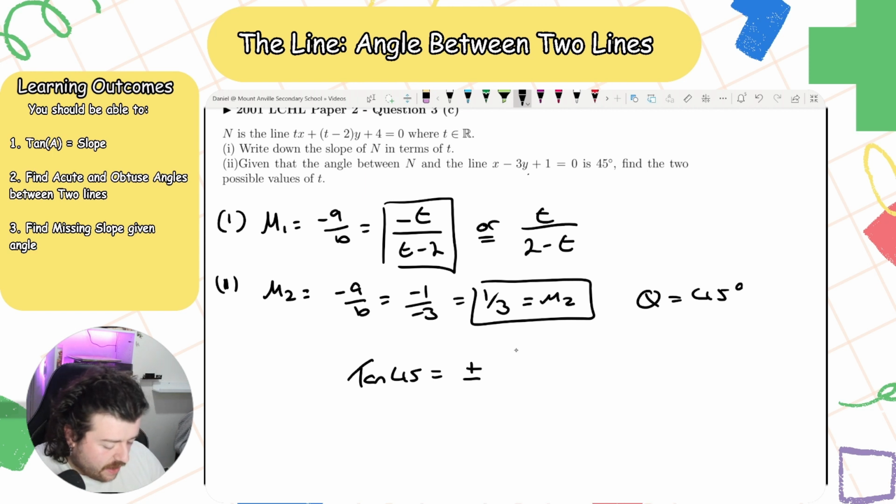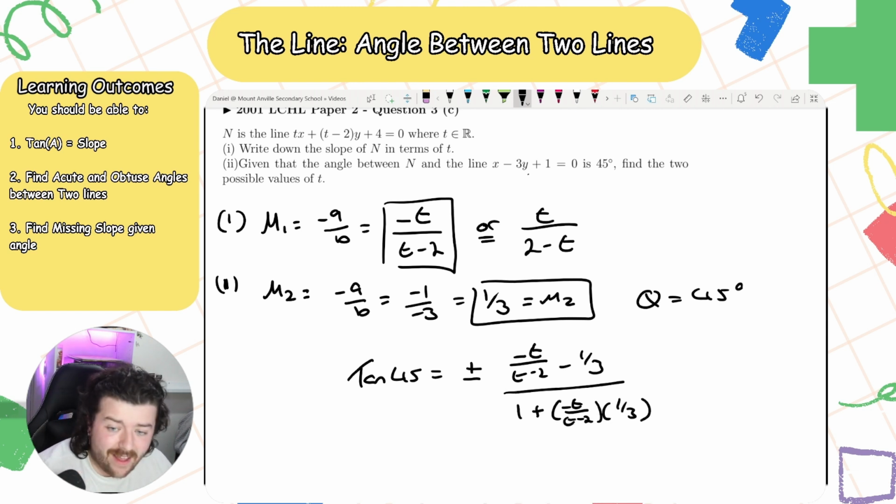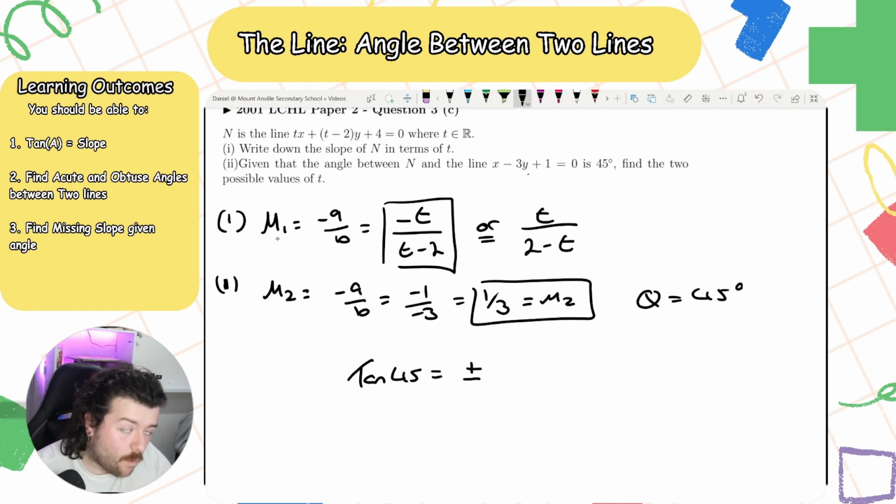Do I really want to write this as minus t over t minus 2 minus 1/3, all over 1 plus minus t over t minus 2 times 1/3? That doesn't look nice. So what I'm going to do is leave this as m1 for the time being, because I'm going to solve for m1 first, and then I will solve for t, because this will hopefully make my fraction a bit nicer.